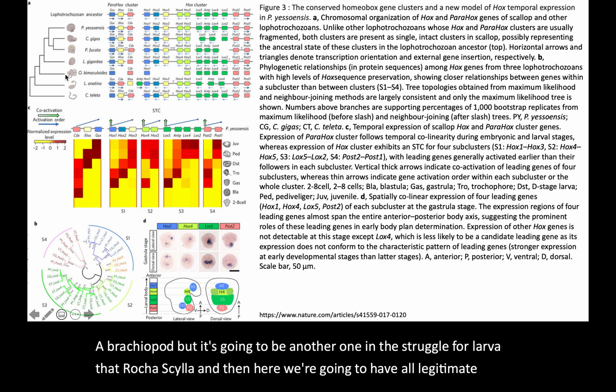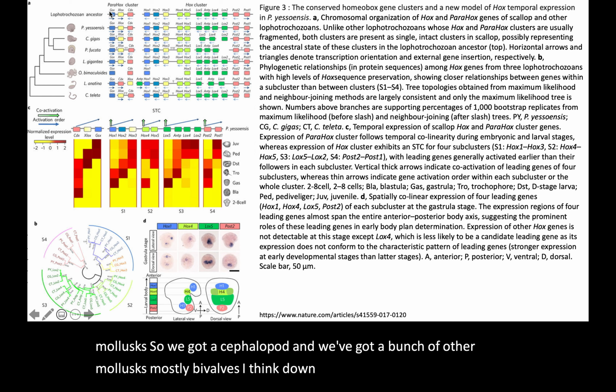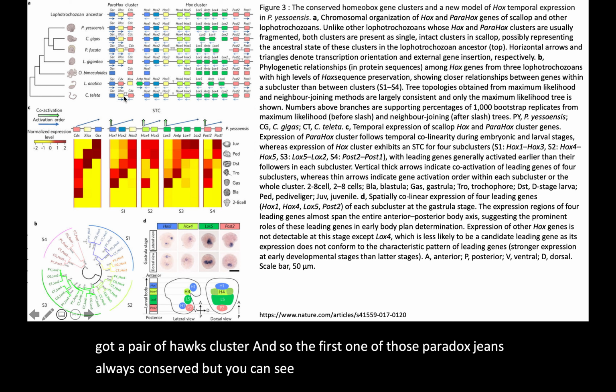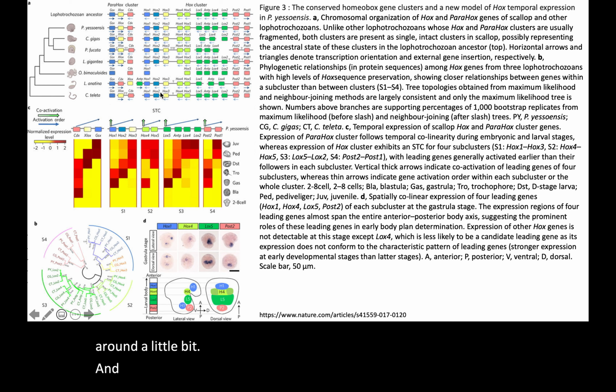So we've got our cephalopod, and we've got a bunch of other mollusks, mostly bivalves, I think, down here. And you can see here we've got our Parahox cluster, and the first one of those Parahox genes was conserved, but you can see that some of these things move around a little bit. And but there's the Hox genes coming in.